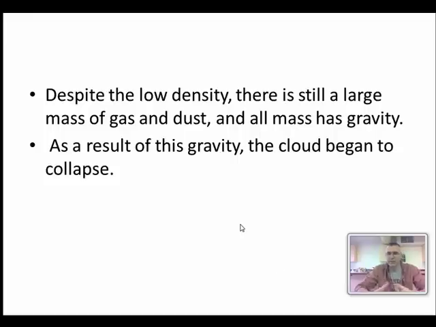So even though this cloud of gas and dust is very diffuse and very sparse, it's basically a vacuum, but there's just so much of it, so much stuff occupying such a large volume that it has gravity. And what happens is there's so much stuff there that has gravity that it starts to clump in spots because of that gravity. And that's when stars begin to form.